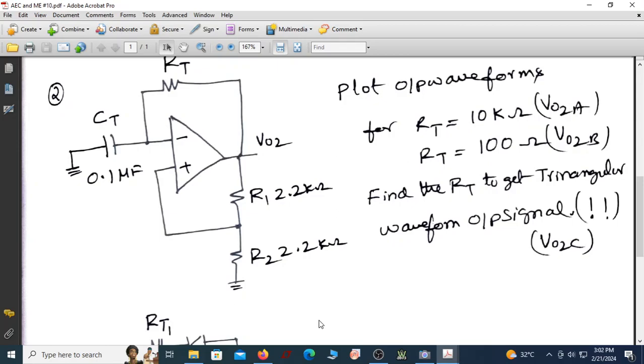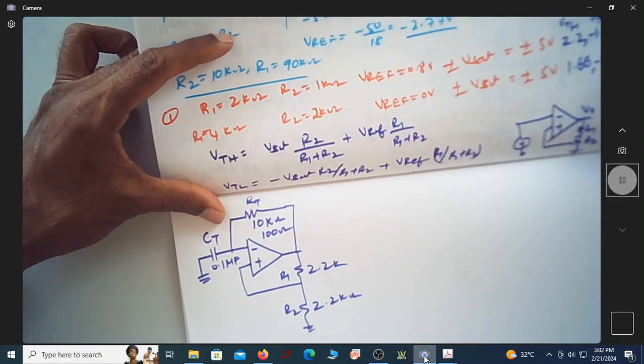This is 2.2 kilo ohm, and this is also 2.2 kilo ohm, which are R1, R2. I will ground this. This is my timing capacitor, which is 0.1 microfarad. This is timing resistor RT. RT is first 10 kilo ohm, then 100 ohm. So let us do it for both of them. Okay, this is the circuit I have.